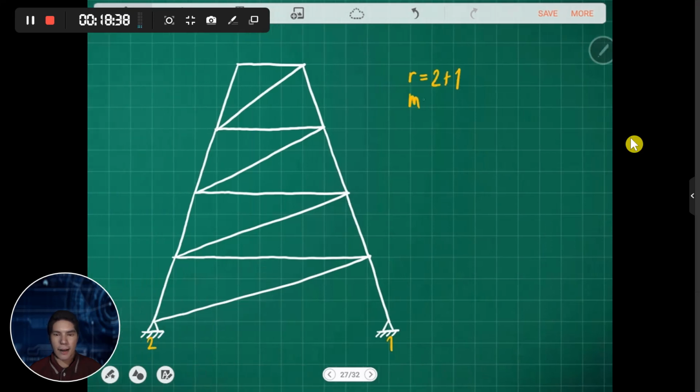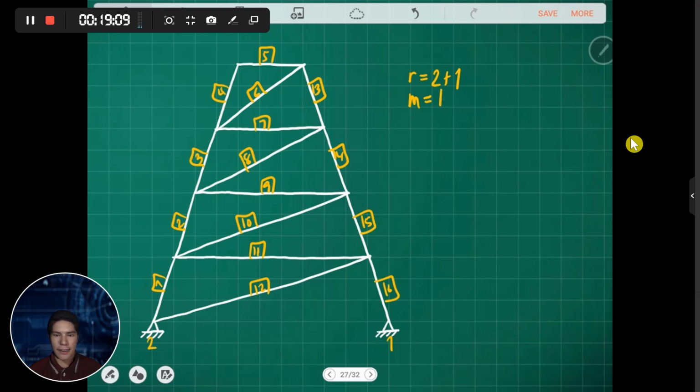And then the number of members, we have 1, 2, 3, 4, 5, 6, 7, 8, 9, 10, 11, 12, 13, 14, 15, 16.